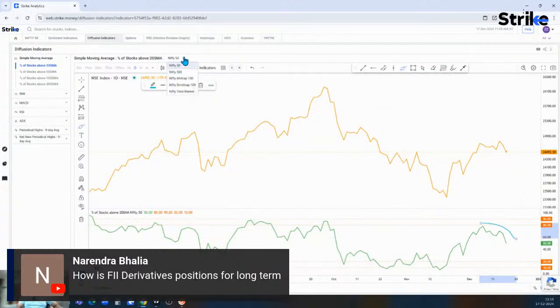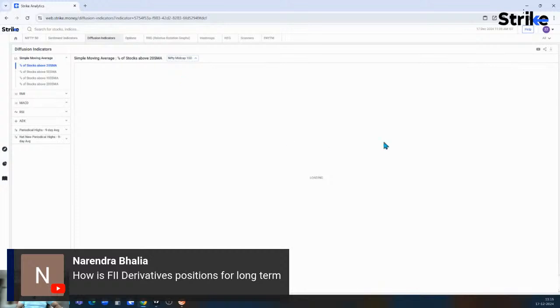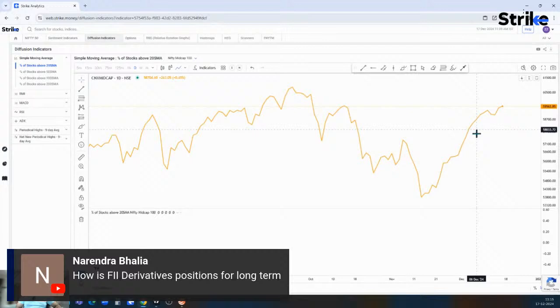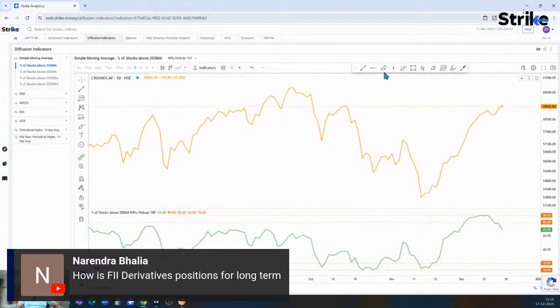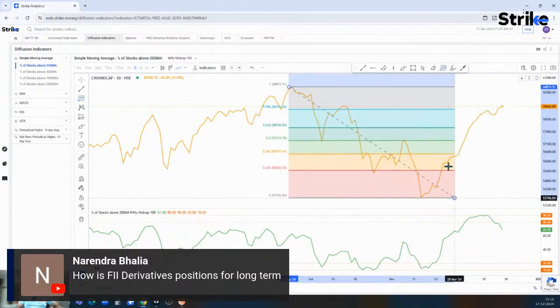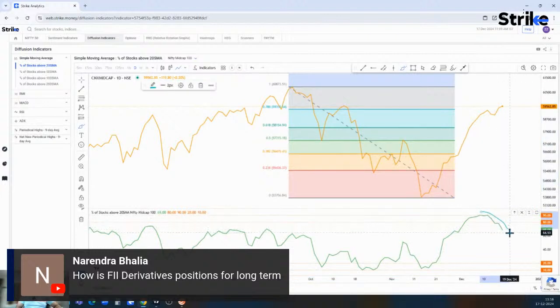In Nifty 50, let's look at mid cap 100. In the mid cap 100, this particular index is at its resistance level of 76.4 and has slightly crossed above it. But the percentage of stocks above their 20 SMA is seen falling down. So again, this is giving a short term profit booking hint in the mid cap counters.